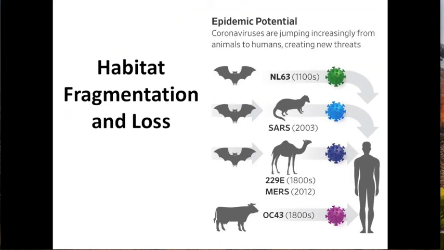That was something we talked about first semester. As we invade their space, we are interacting with these animals more than we ever used to. We're fragmenting where they live, and they are defending themselves. So the big takeaway today is that pathogens are spreading for three main reasons: climate change, sanitation, and habitat loss.